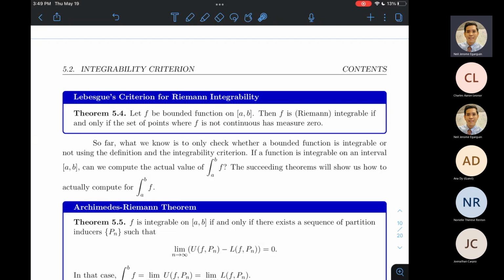Kasi so far, yung mga theorems natin ay nagsasabi kung kailan siya Riemann integrable. But I think we have sufficient knowledge na kung sino yung mga functions na Riemann integrable. So the next question is, how do we compute the Riemann integral of Riemann integrable functions? So hopefully the Archimedes-Riemann theorem will give us some clues.